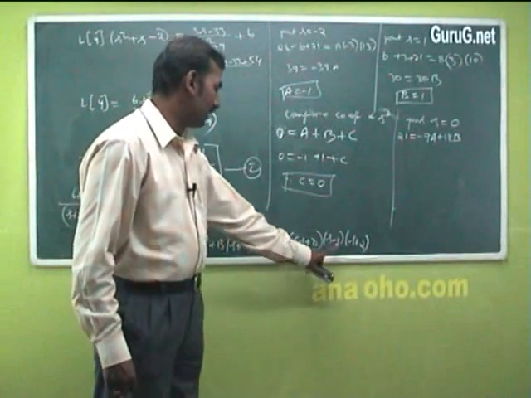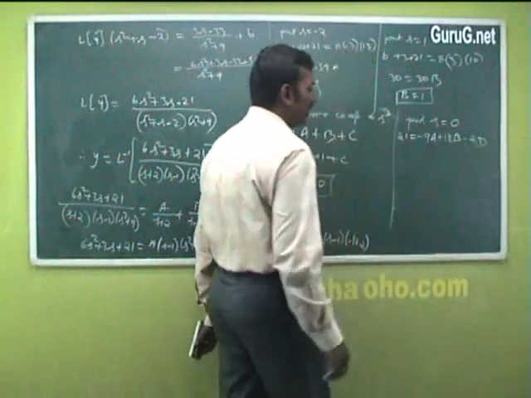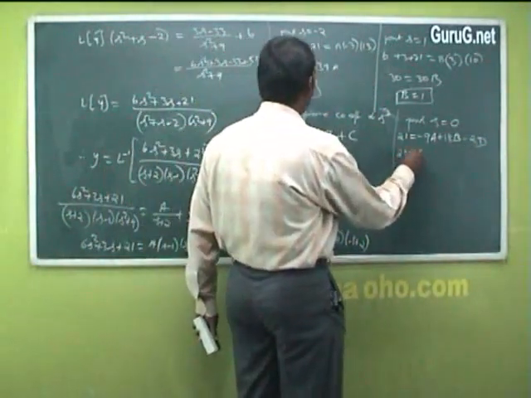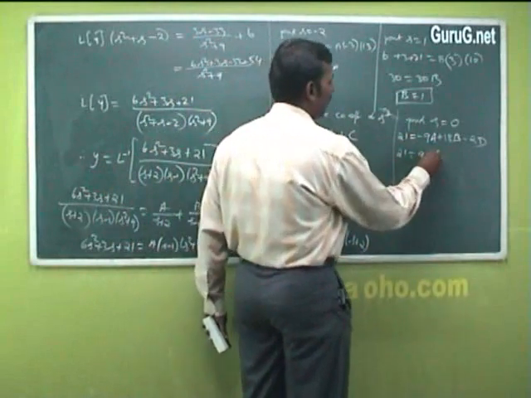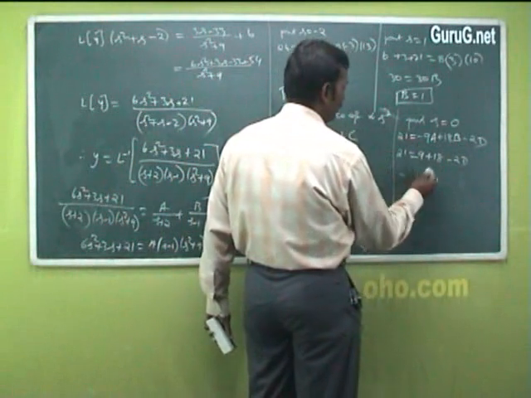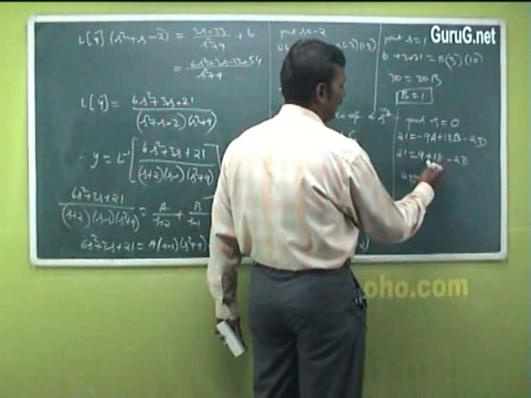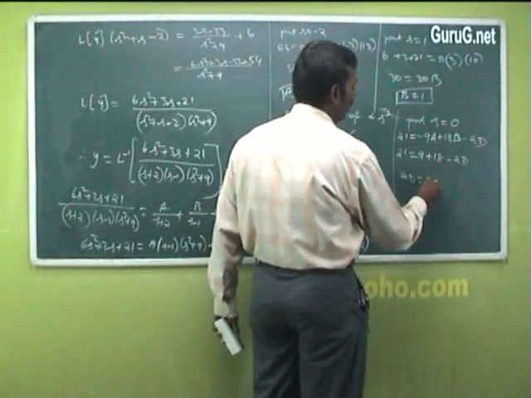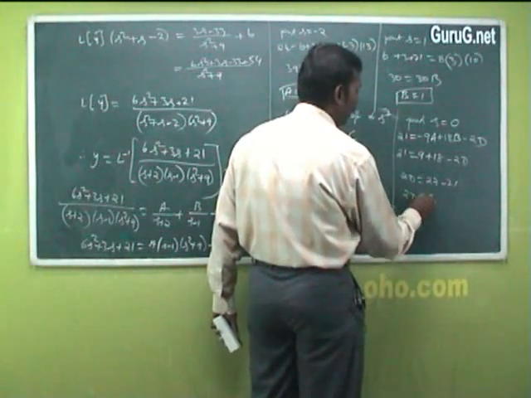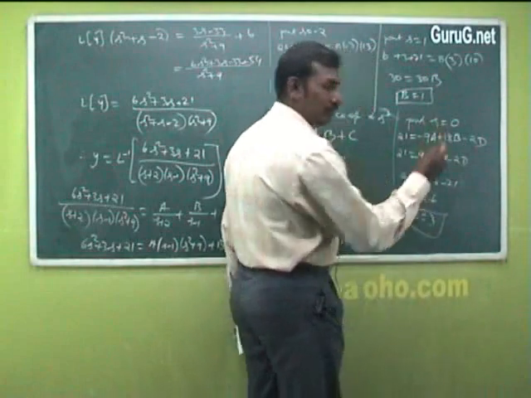So d into minus 1 plus 2, so minus 2d. Now you replace the values of a and b, right? So 21, a is minus 1, so plus 9 plus 18 minus 2d. So minus 2d to the other side, plus 2d equal, now 18 plus 9, 27, minus 21. So 2d equals 6, d equals 3, right?